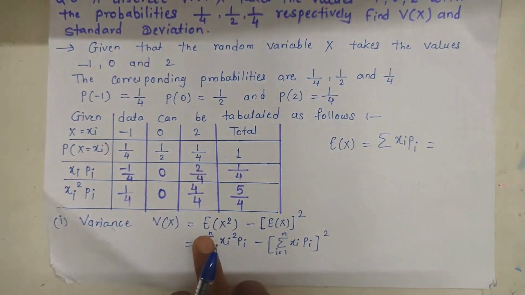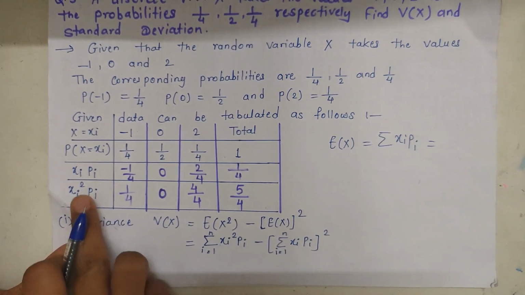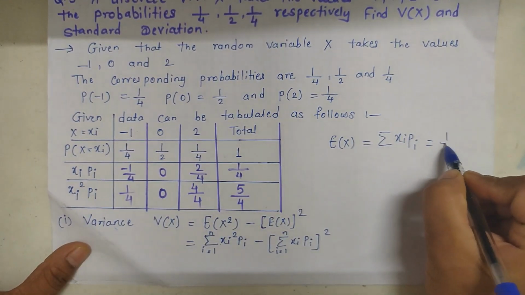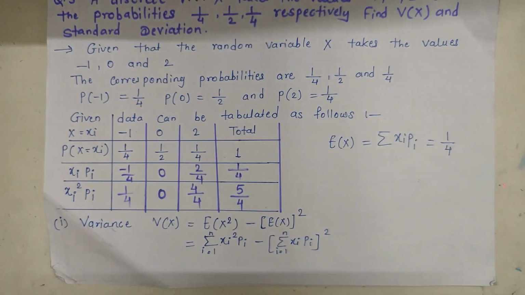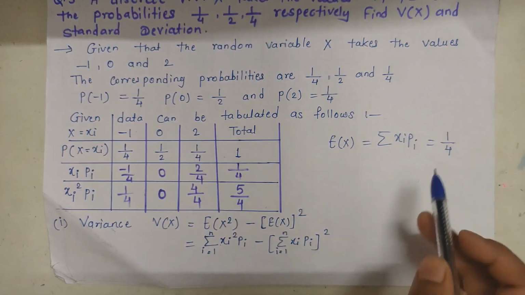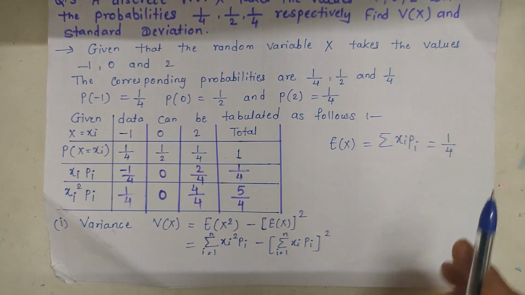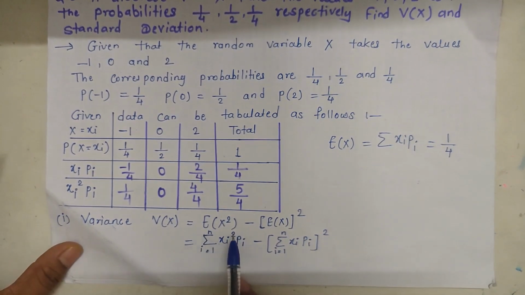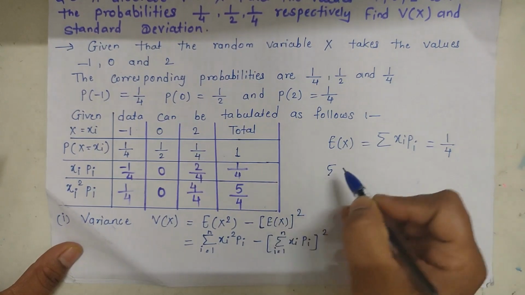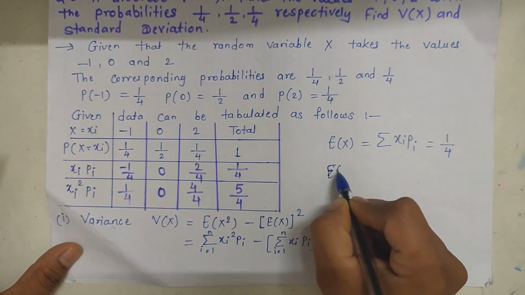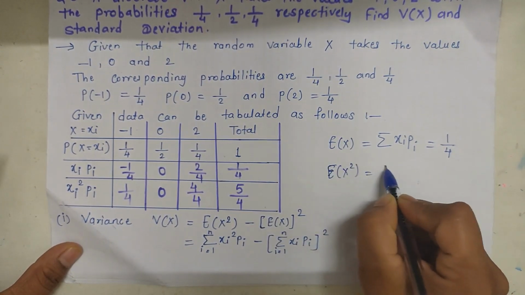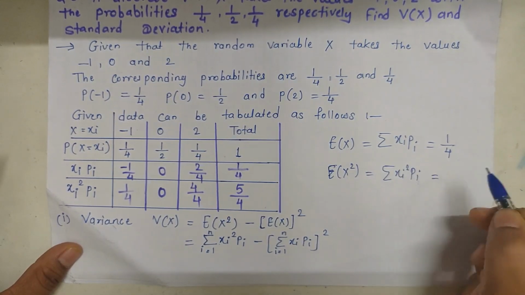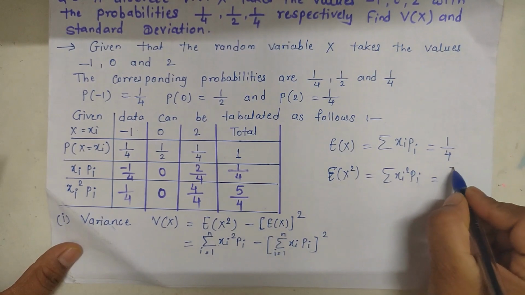Here we have already found the value of summation xi into pi is equal to 1/4. So E of x is equal to 1/4. And E of x square means the summation of xi square into pi, and this value is 5/4.